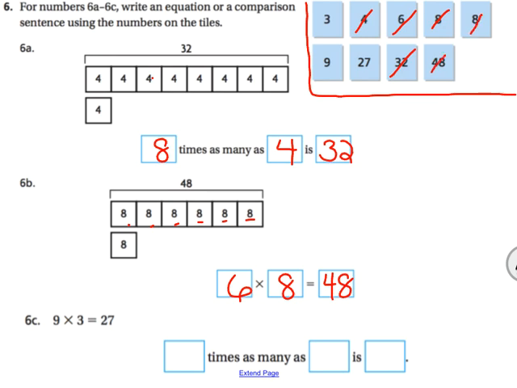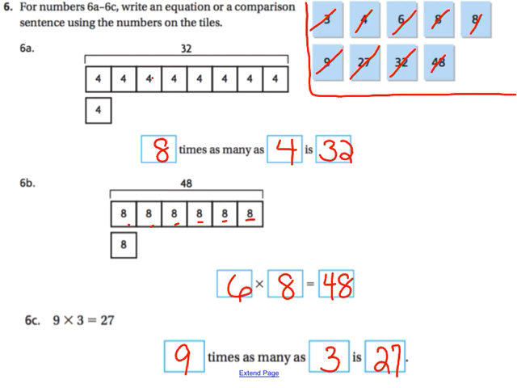Okay? So now for C, 9 times 3 equals 27. They want you to take that equation and write a comparison sentence, but they already started it for us. Okay? So we're going to do 9 times as many as 3 is 27. And now I have used all the numbers on the tiles.